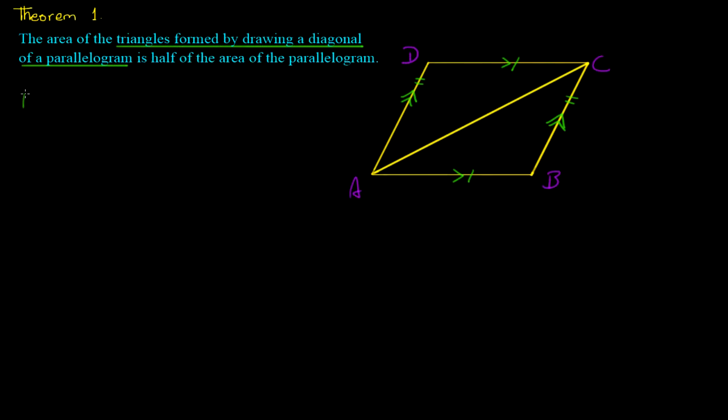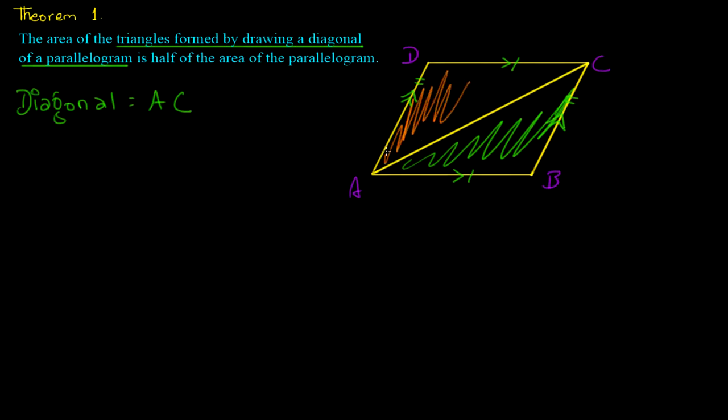So our diagonal is AC, and the triangles are here ABC, so this triangle, and the other triangle ACD or ADC, so this triangle. So we have two triangles, triangle ADC and triangle ABC.